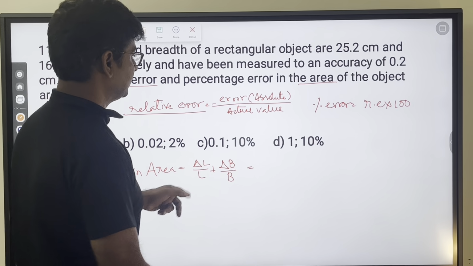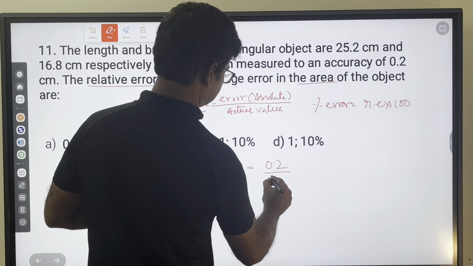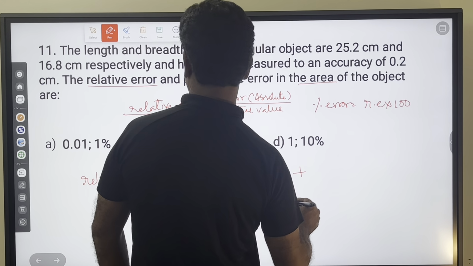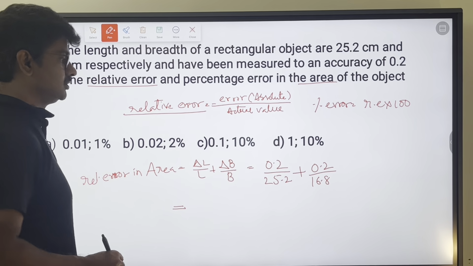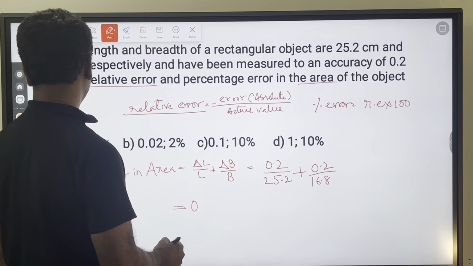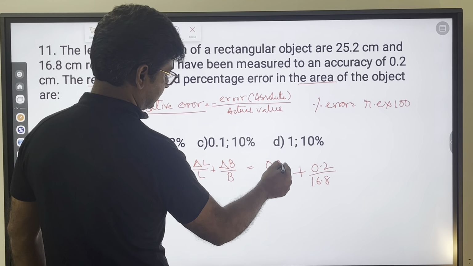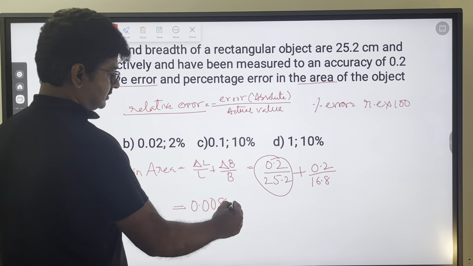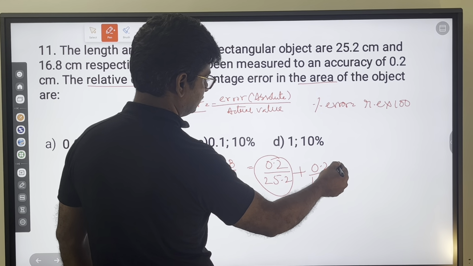Delta L by L, what is the delta L here? 0.2 by 25.2 plus, breadth is also having the same error, 0.2 by 16.8. Let me take 0.2 by 25, some close value. So I am getting about 0.008.